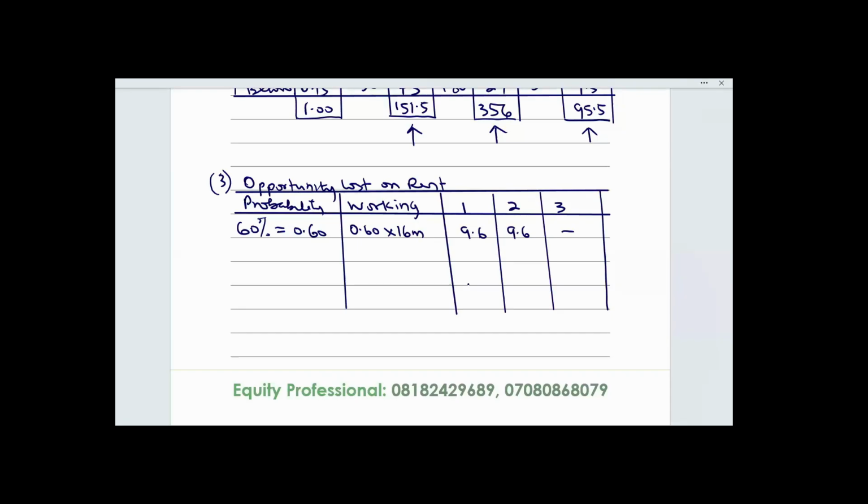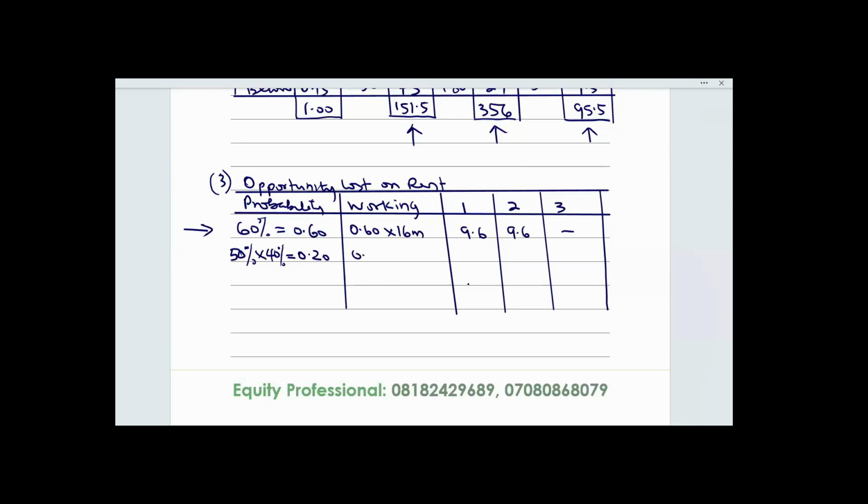So you are expected to do 50% of the balance of 100%. Out of 100% probability, you have let out 60%. You are left with 40%. Therefore, you are supposed to take 50% of the balance of 40%. So this will give you 0.20.